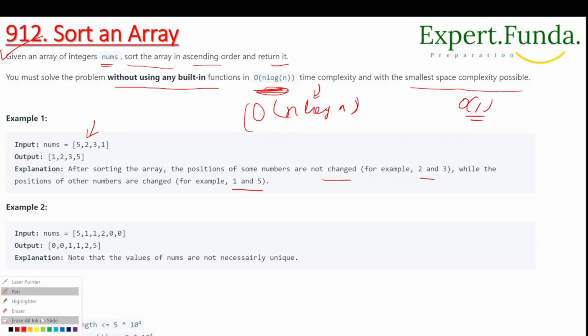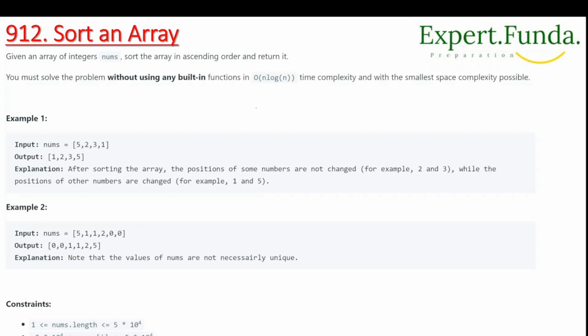we have 5 3 2 1. After sorting, because 5 is greater than 1, 1 should be here. Now we will have 1 3 2 5.